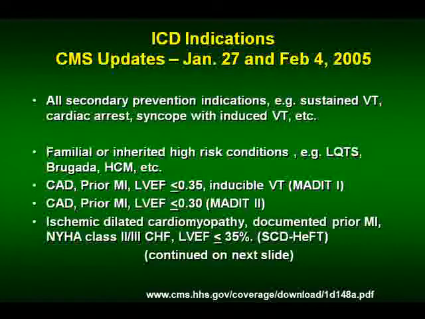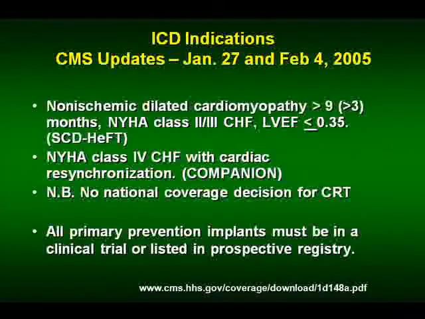And those are inherited conditions, usually either coronary disease or ischemic or non-ischemic dilated cardiomyopathies with low ejection fractions. If you think you have somebody in class 4 heart failure and you can improve that to a lower heart failure class with resynchronization, that's an indication.